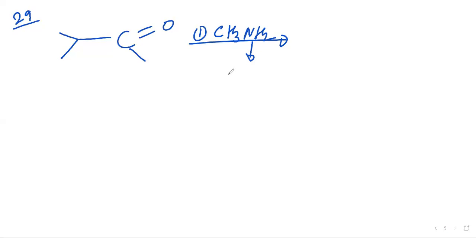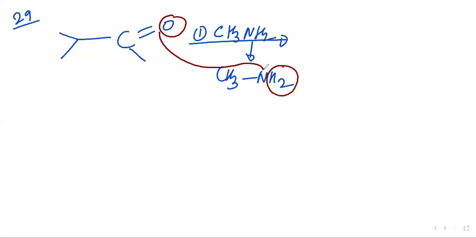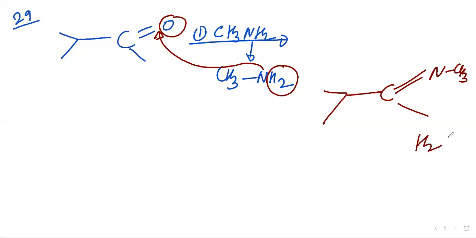This group will form like this, CH3, NH2, and this is O. So removal of H2 and O will happen, and this nitrogen will attach here directly. So the formation of compound will be like this, C double bond N CH3, and water is coming out as a byproduct, right?